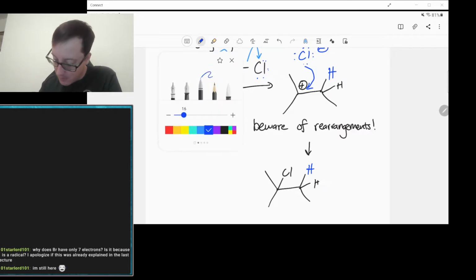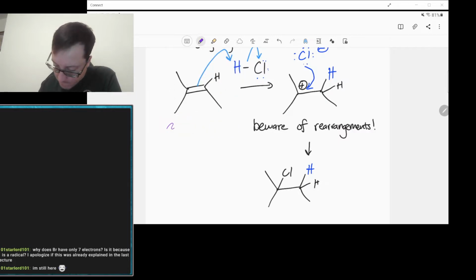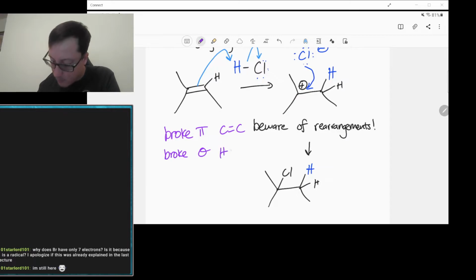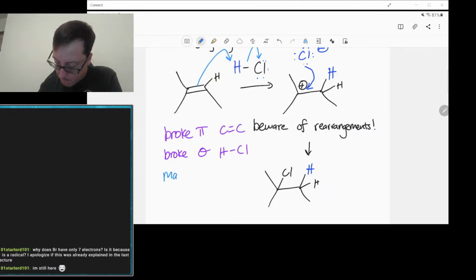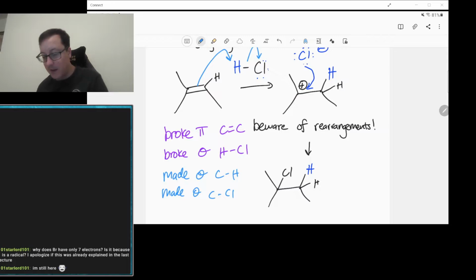So we broke a pi bond, that was the C double bond C, and we broke the HCl bond. We've also made some bonds. We have made a CH bond and a CCl bond.